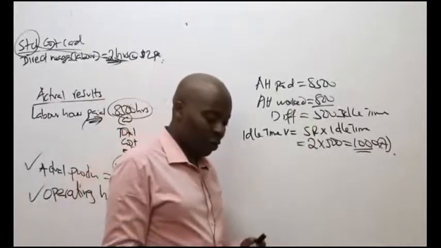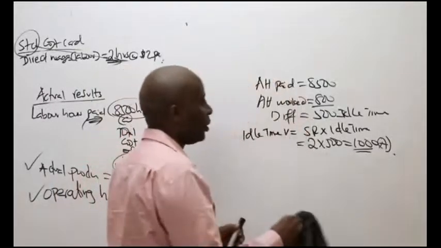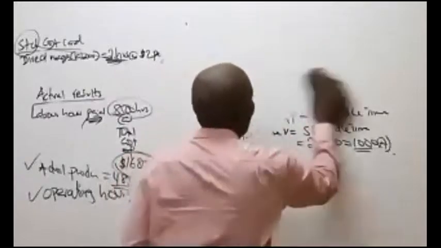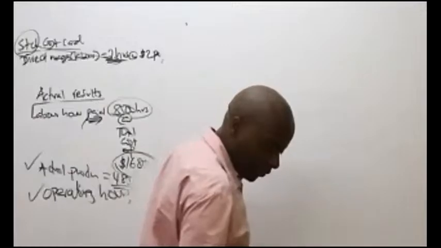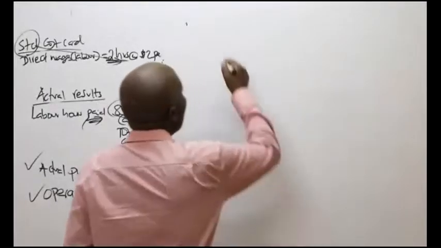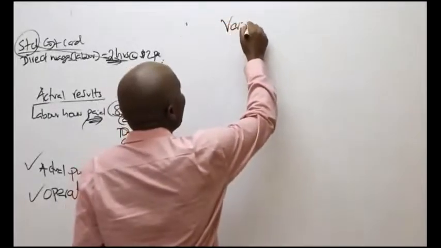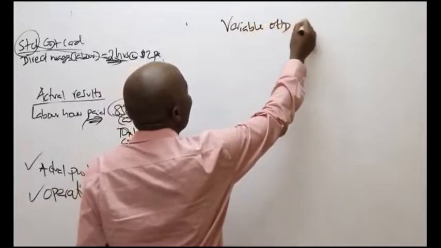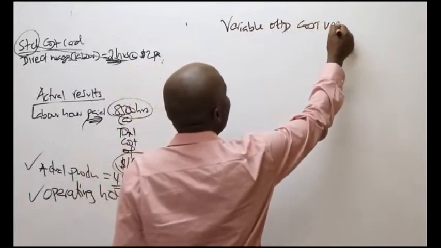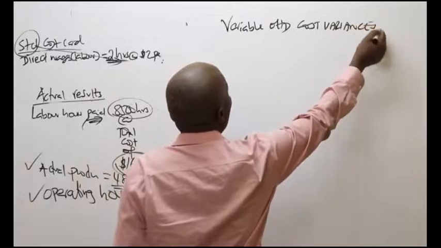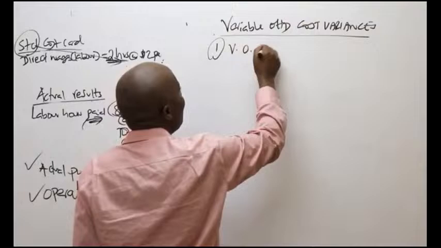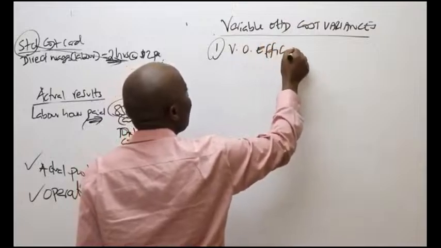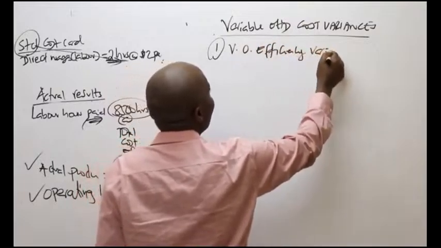So now we move straight away to the variable overhead cost variances. Variable overhead cost variances are two. Number one, we have variable overhead efficiency variance.